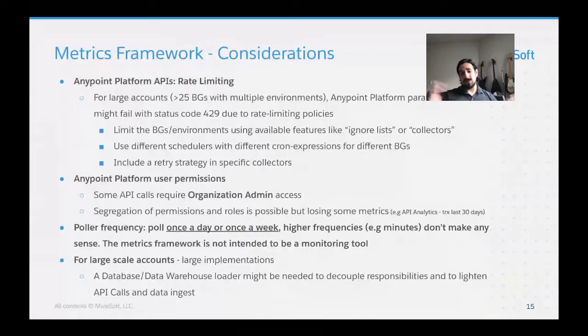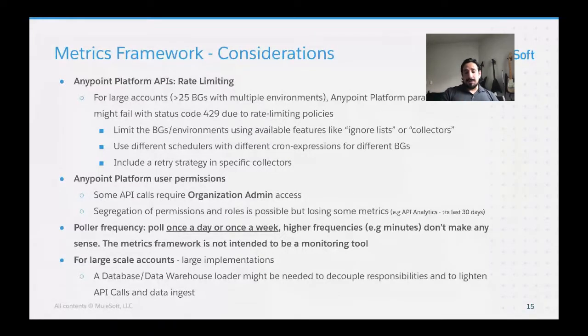But for most of the other metrics, you need just the specific permissions, like read applications in Runtime Manager or developer in Design Center, and so on. So we have the complete list in the documentation that I'm going to show you, the complete list of permissions and limitations that we have.